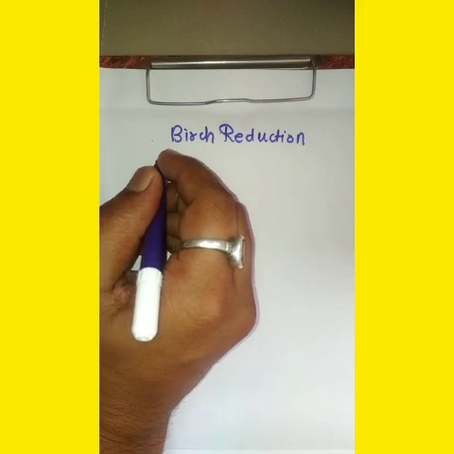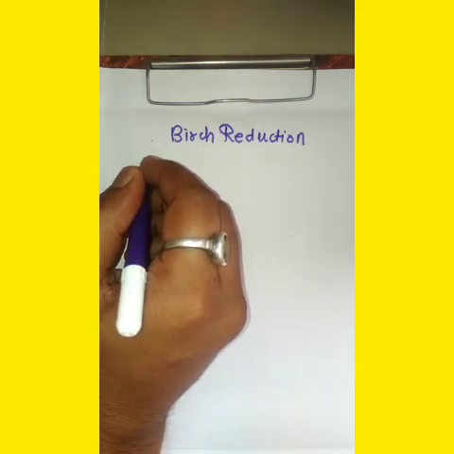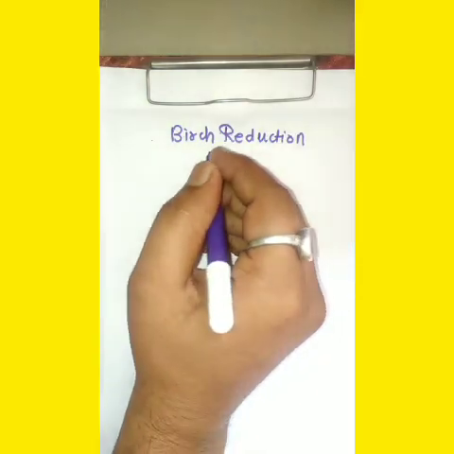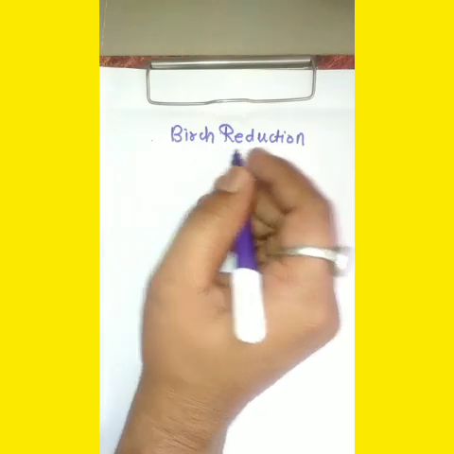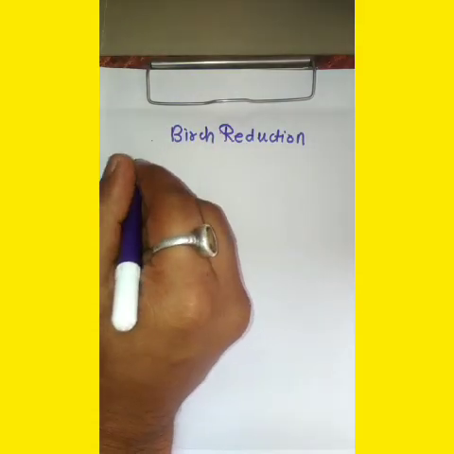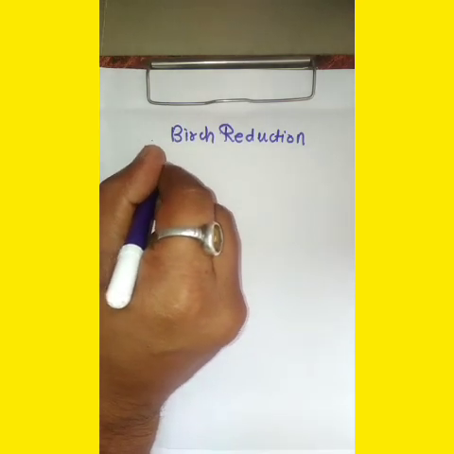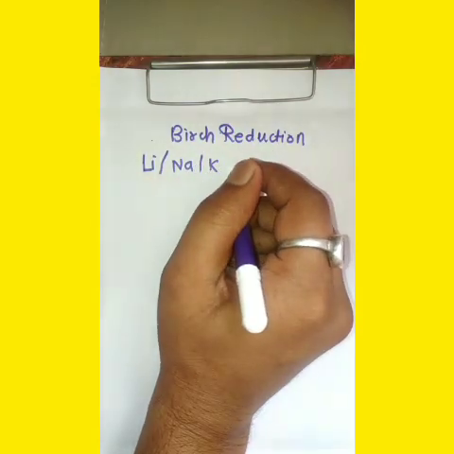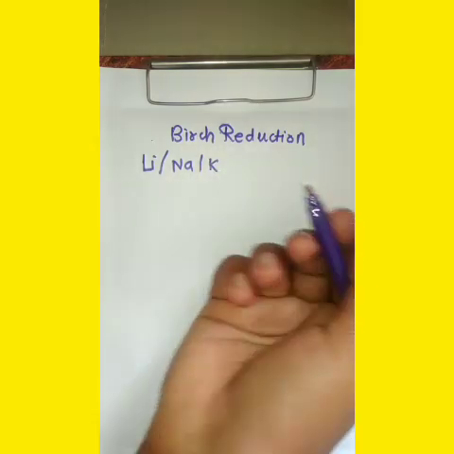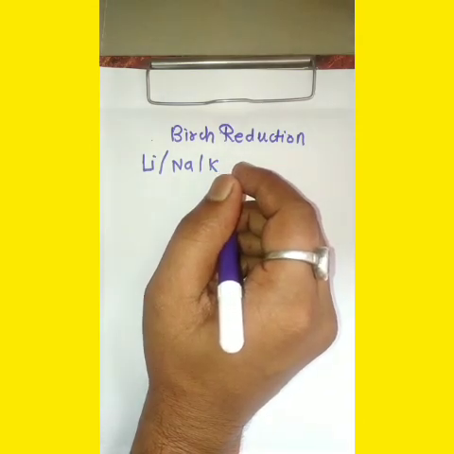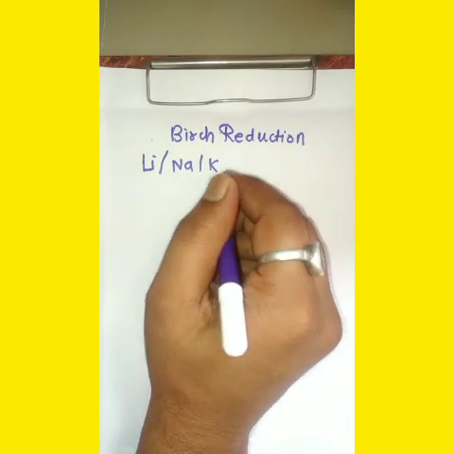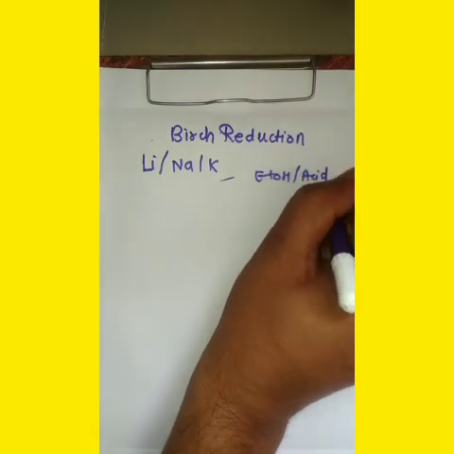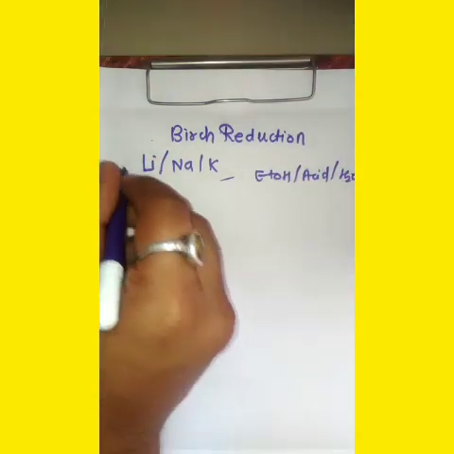The first is the addition of electrons to the unsaturated compound, followed by transfer of protons, in which the source of the electrons is a metal like lithium, sodium, or potassium, followed by abstraction of a proton from a proton donor like ethanol, acid, or water.